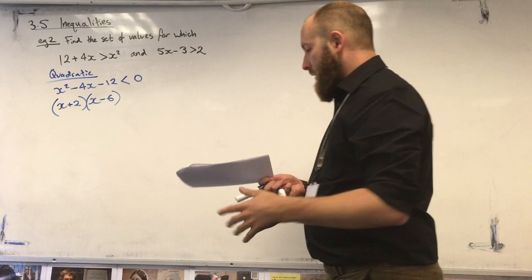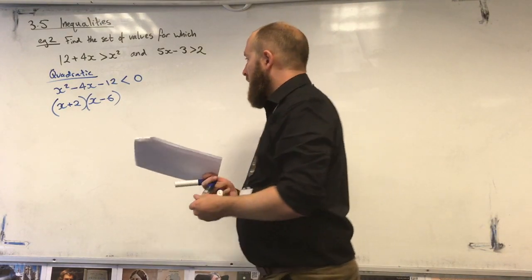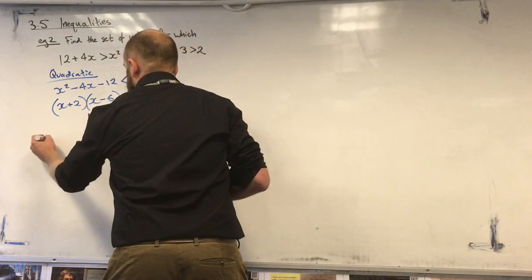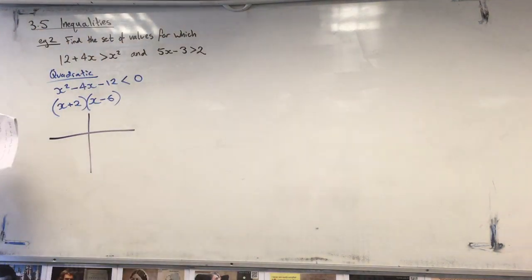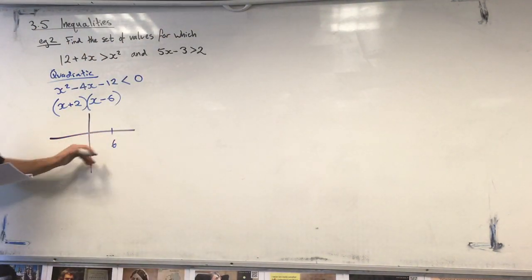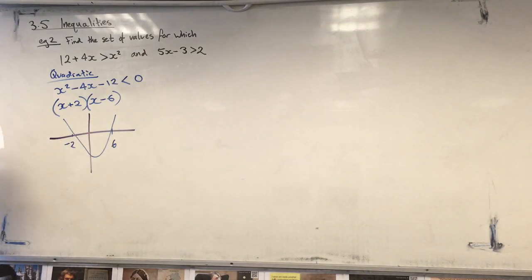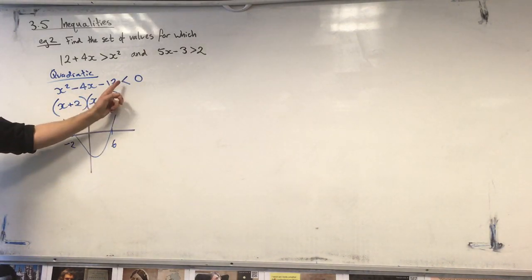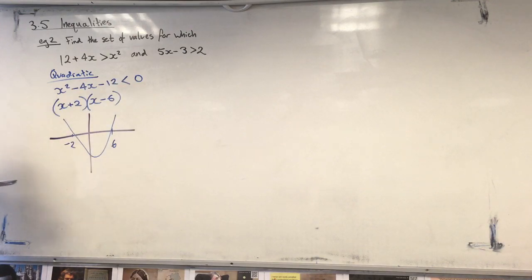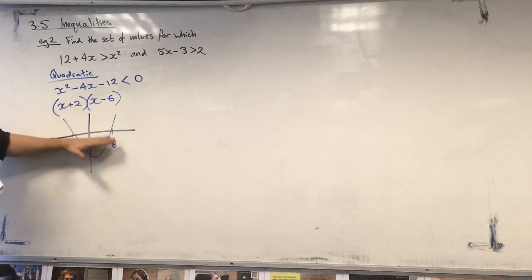Next step was to sketch it. So we got a root at 6 and a root at minus 2. There we go. And we want to find values for which this is less than 0. So less than 0 this time is all these bits we care about.